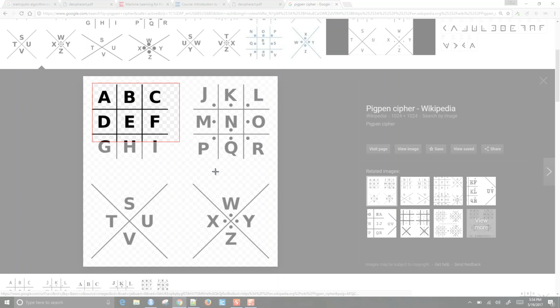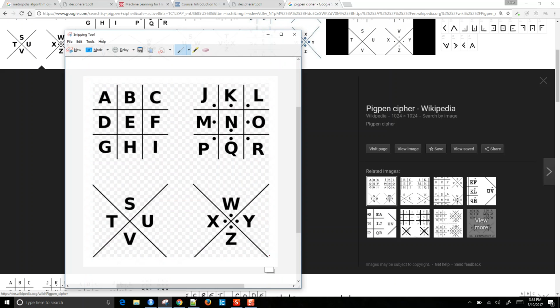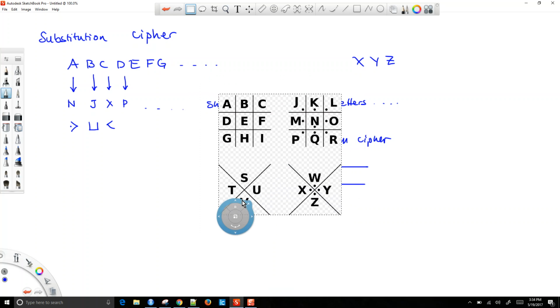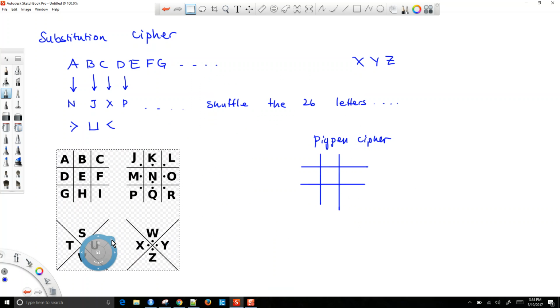You're using these shapes here. If you wanted to write hello, from here you would do H, because the H is right there.